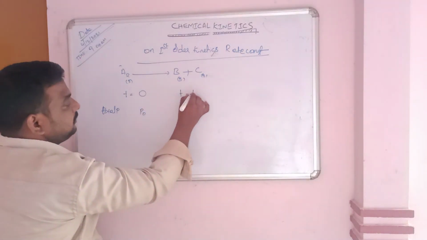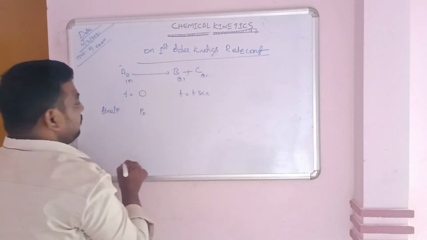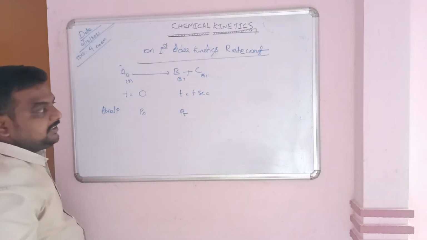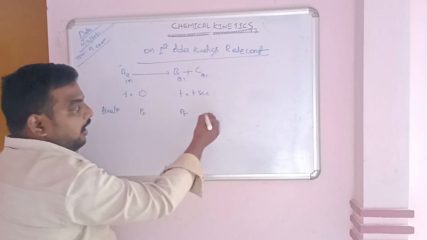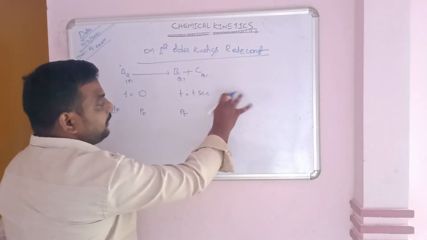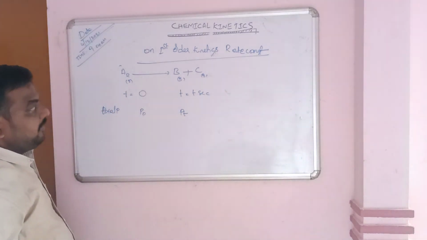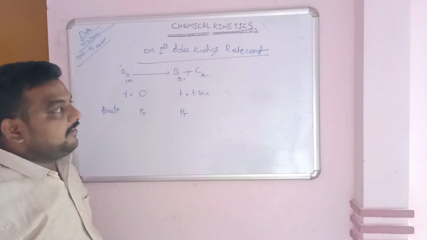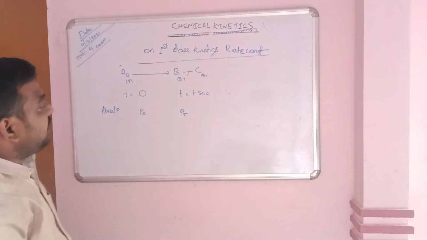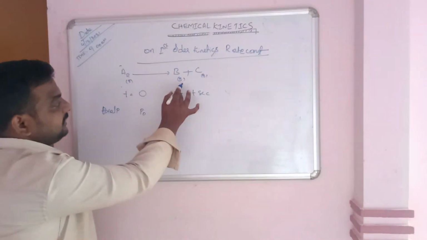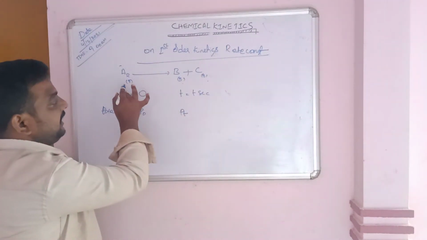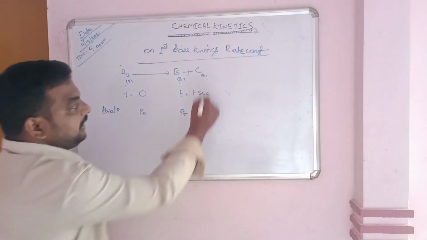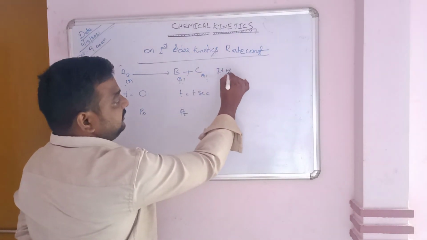At time t = t seconds, the total pressure is Pt. For this reaction, what is the rate constant K? A gaseous reactant A gives rise to gaseous products B plus C. It is a first order reaction.